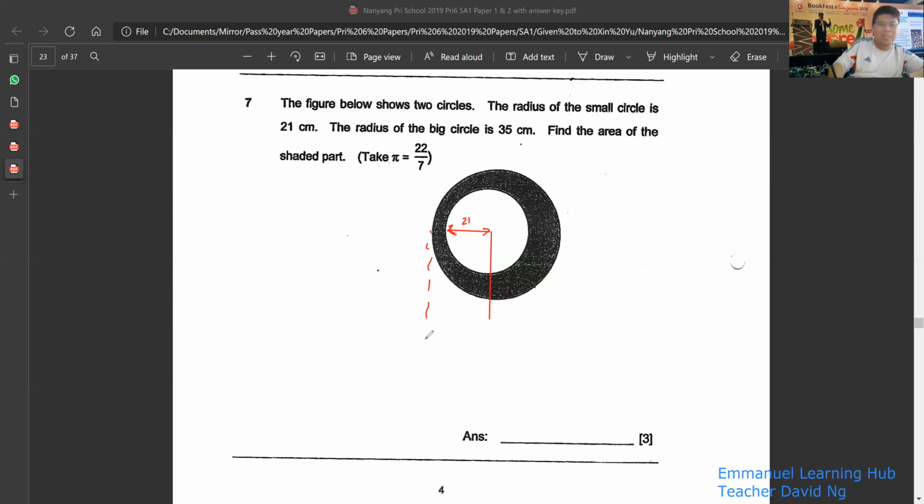No, because you are looking at area. Are you able to find area of the large circle? Yes, right?